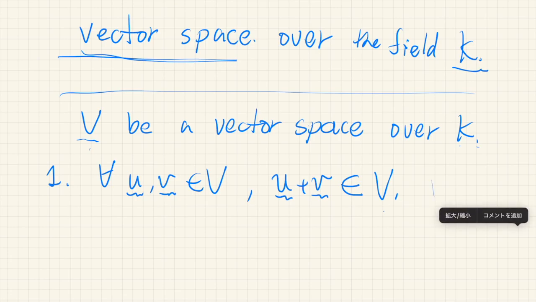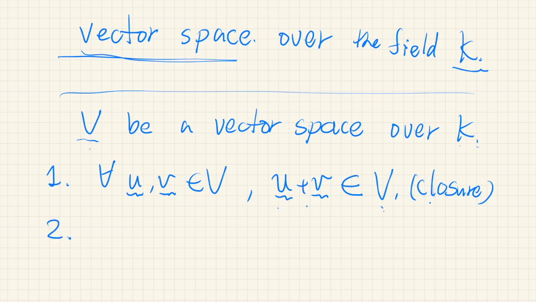Just like we saw in the case for field, addition and multiplication in the field. So these fields are closed under addition, right? Just like that, we have a vector space that is closed under addition. So it's called closure condition, closure of addition.